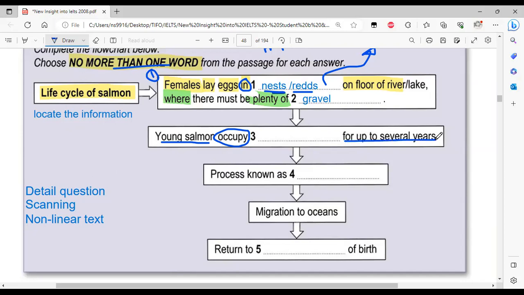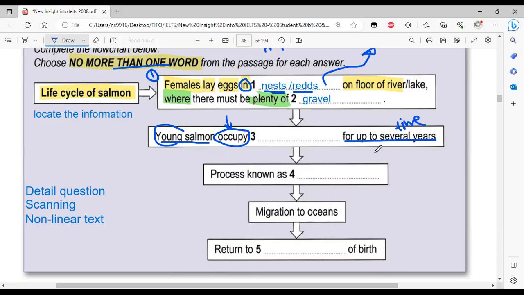And here we have for up to several years. Now this is a phrase, like time. Did you say span? We will see the answer in the passage. So before we see the answers, we need to focus on the words young salmon and occupy. Maybe this is space, and for up to several years is the time. So maybe we're looking for the place, because the time is indicated.